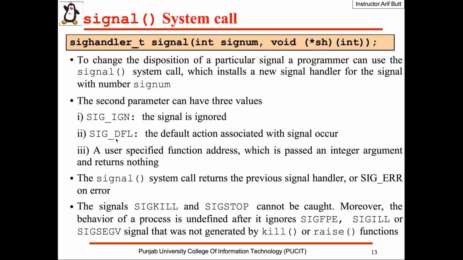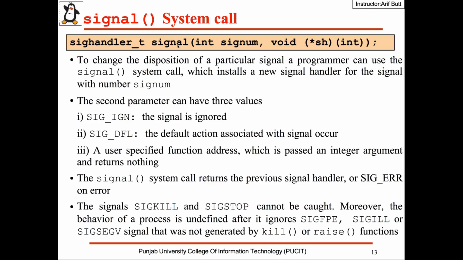This can be SIG_DFL, that is you want to set the disposition of this signal to the default value, or it can be a user defined function address. And it has to be a pointer to a function which returns nothing and is passed just one argument of integer type.